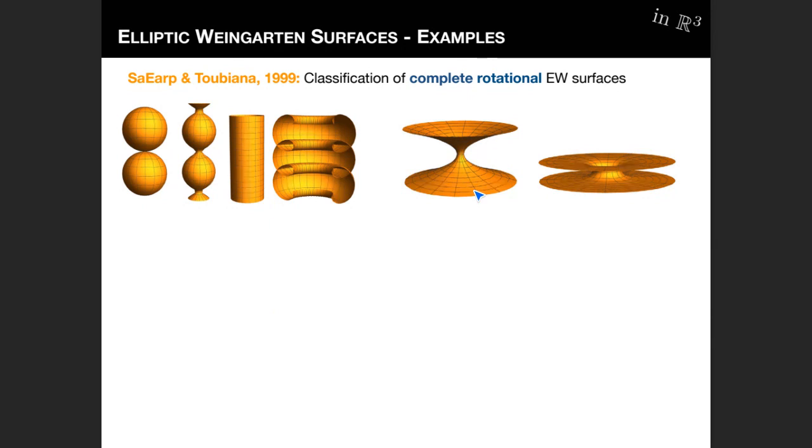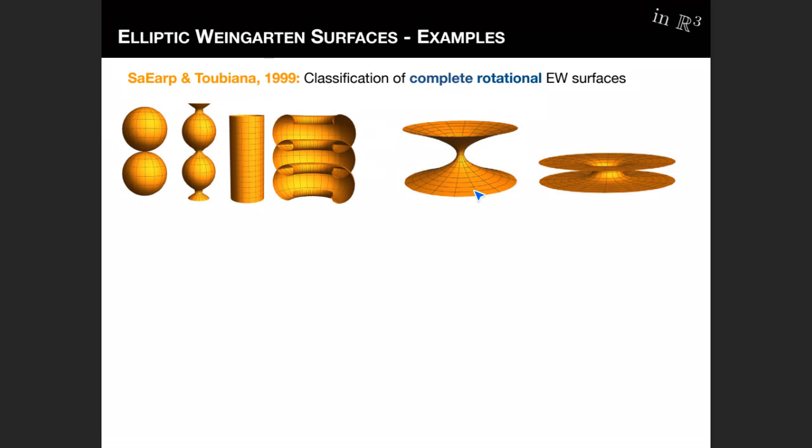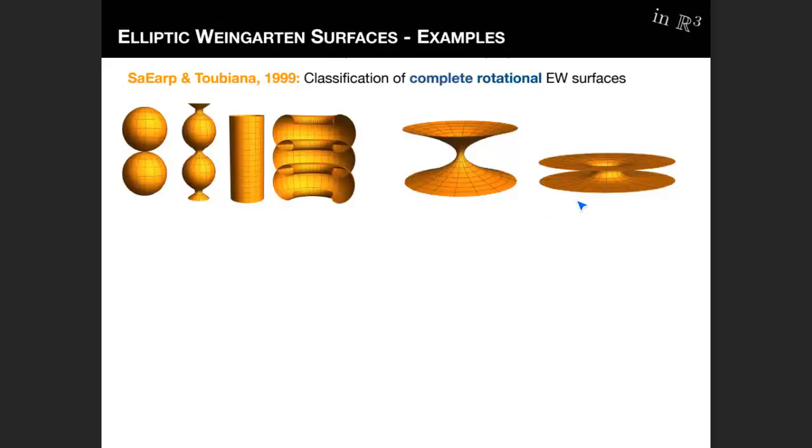And a nice different situation here, when we compare with the setting of minimal surfaces, is that in minimal type elliptic Weingarten surfaces, in the rotational case, these catenoidal type surfaces can or cannot have bounded height.